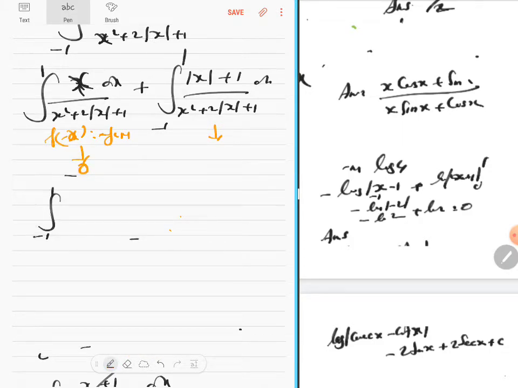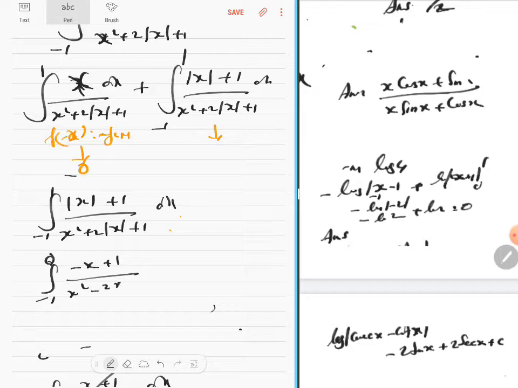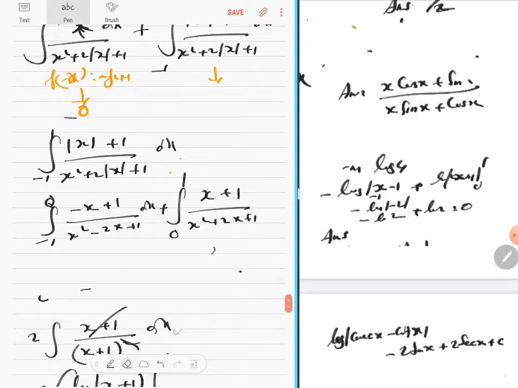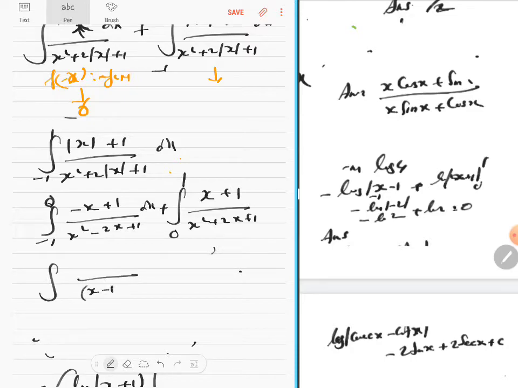So let's rewrite the question to be the integral from minus 1 to 1 of mod x plus 1 by x square plus 2 mod x plus 1 into dx. Now from minus 1 to 0 it will be minus x plus 1 by x square minus 2x plus 1, because mod x will be negative, dx, and plus from 0 to 1 it will be x plus 1 by x square plus 2x plus 1. So here, okay, this itself is x minus 1 the whole square.